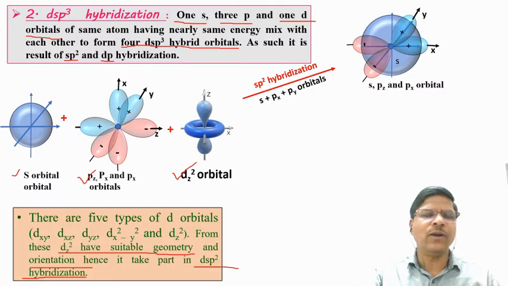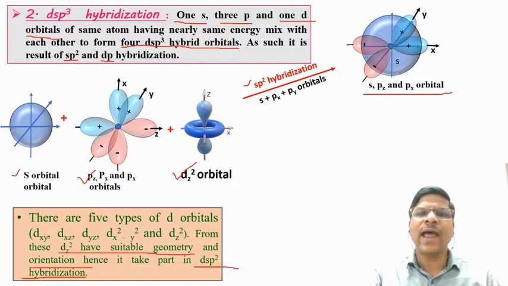Now these 5 atomic orbitals will form 5 hybrid atomic orbitals. I already told you that this is the result of 2 hybridizations, sp2 hybridization and dp hybridization. So if you see, the s, py and px atomic orbitals are involved in the sp2 hybridization.